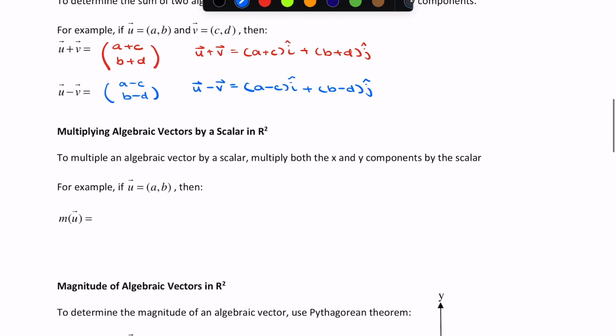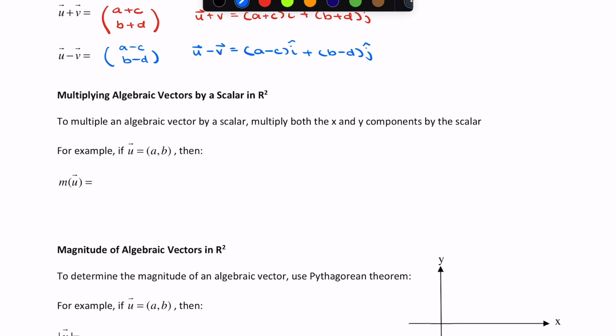So here, if we're multiplying an algebraic vector by a scalar in R squared, we multiply both the x and y components by the scalar.